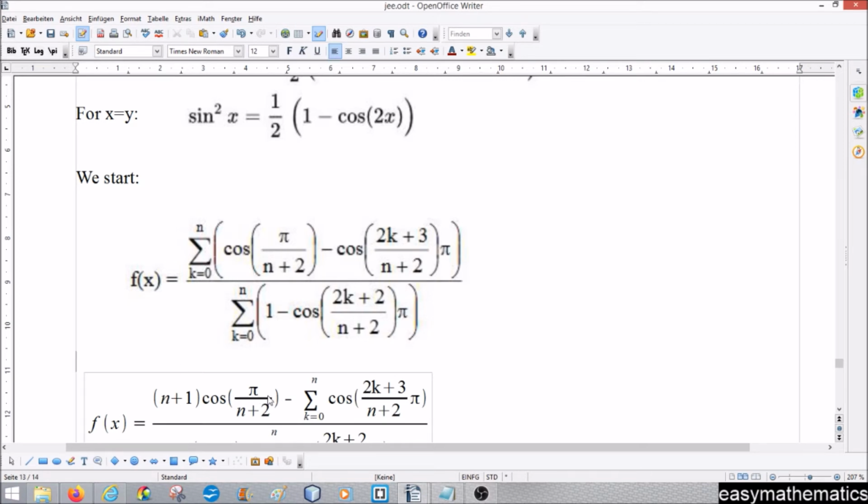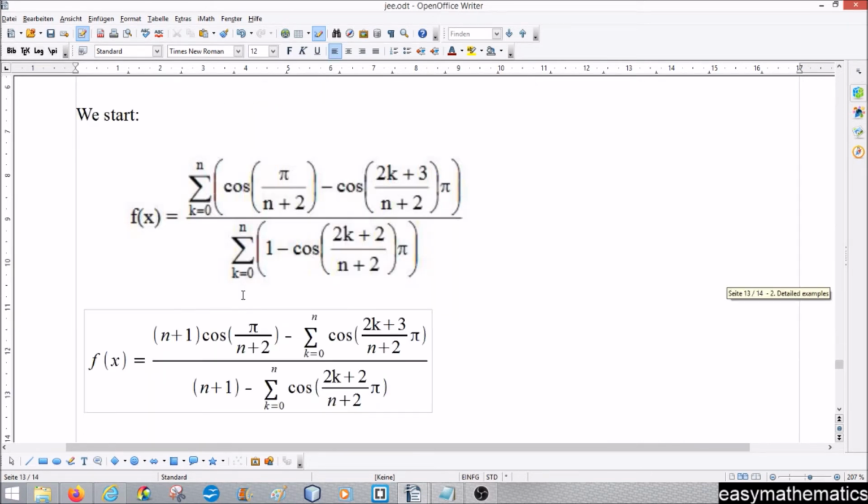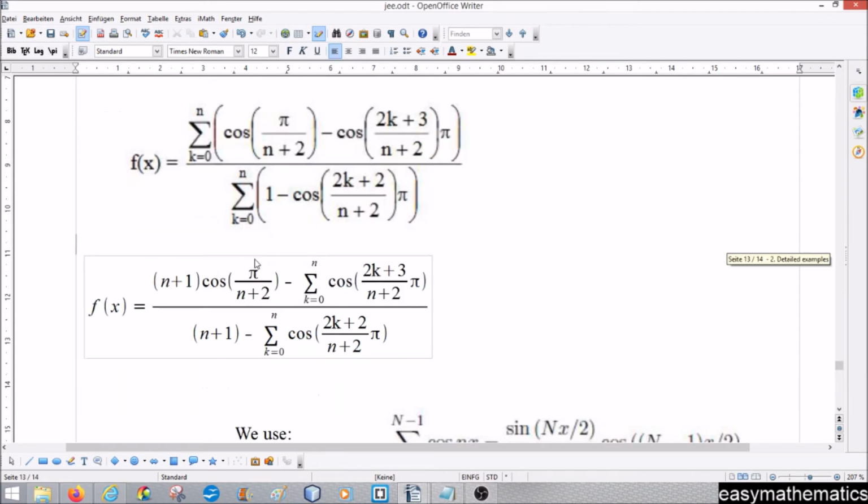This is this part, and we are left with the sum of these cosines. Also in the denominator, the 1 is not depending on k, so we have a bunch of 1s. How many? n plus 1, minus the sum of these cosines. Okay, and now you should think about how to manipulate this sum.